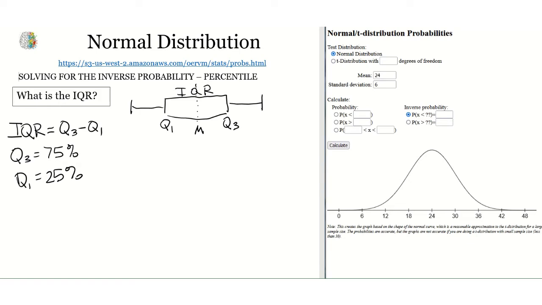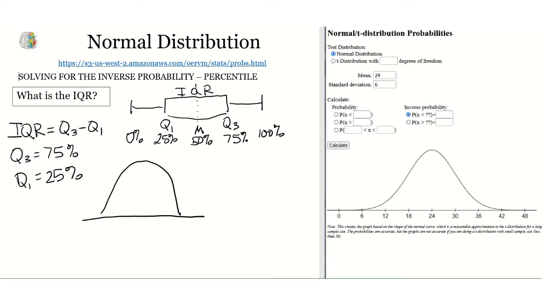If you'll remember, this is 25%, 50% is our median or middle point, 75%, and our outer edges are 100% and 0%. So when we're solving for the interquartile range for any other distribution, we're going to do the same setup. We're looking for the middle 50%.